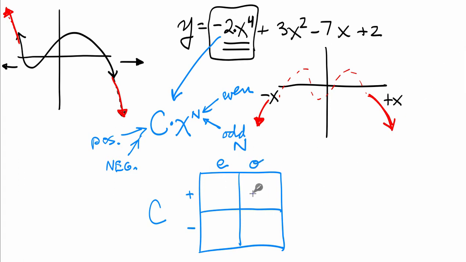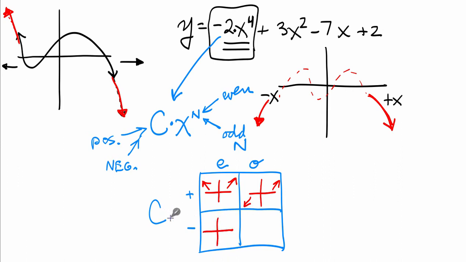Now, if we have a positive coefficient with an even exponent, that means the end behavior will be up to the right and up to the left. Second possibility, if we have a positive coefficient with an odd exponent, that means the right-hand end behavior will be upward and the left-hand end behavior downward.